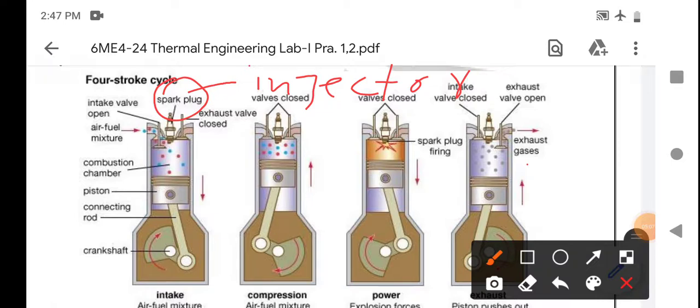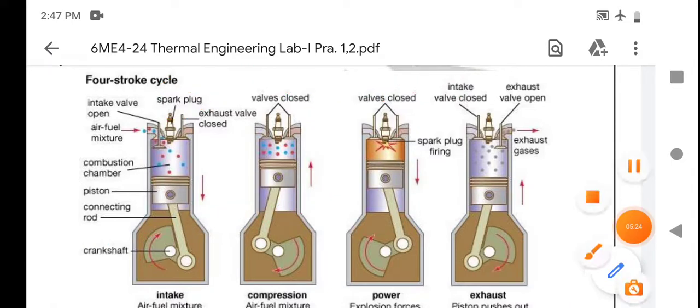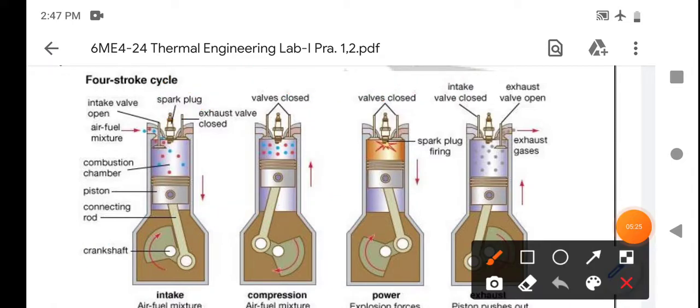In this method we do not use an air fuel mixture. In compression ignition, or diesel engine, we have replaced the spark plug with the fuel injector.